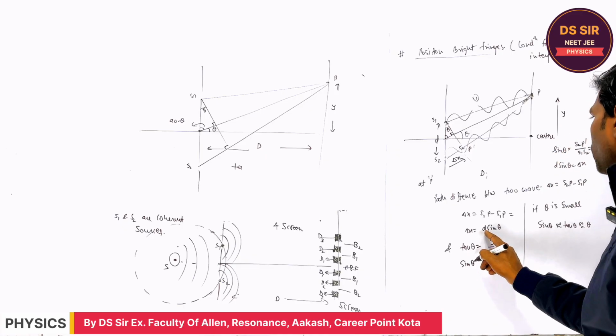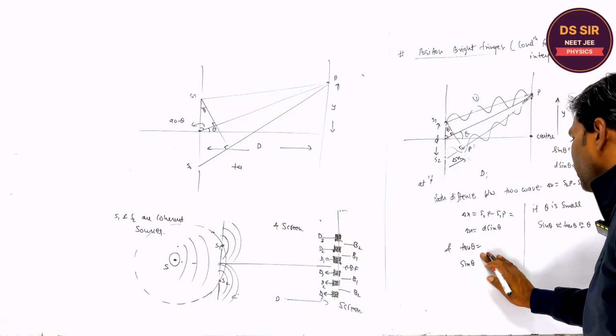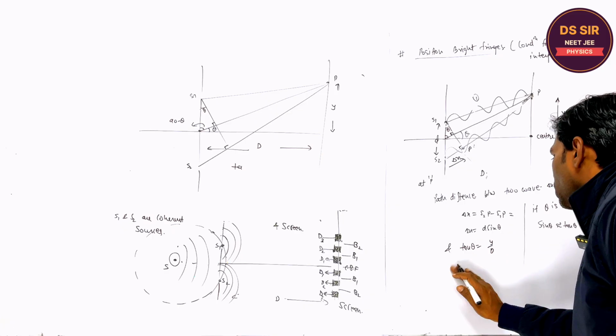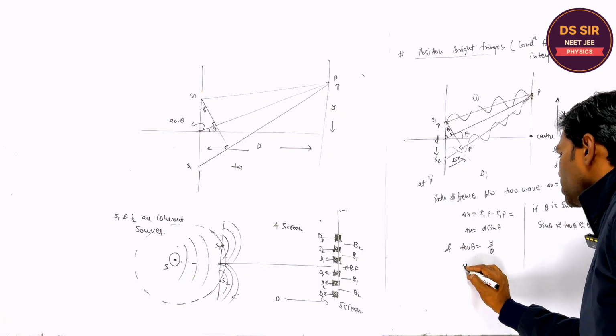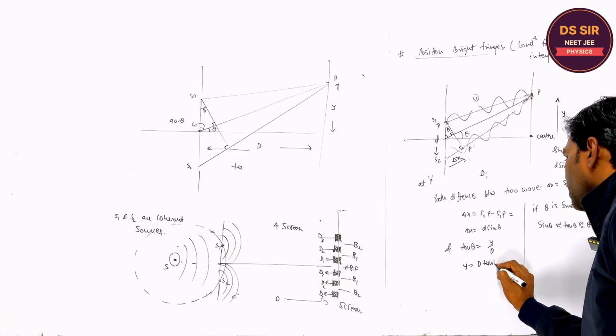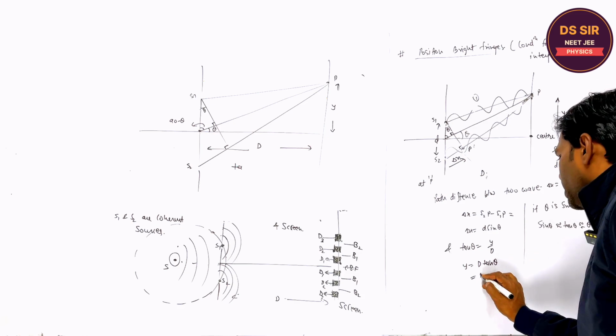From here, wait for one minute, Y is equal to D tan theta, right? And delta x is equal to d sine theta.